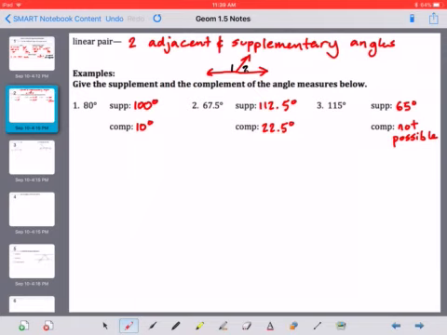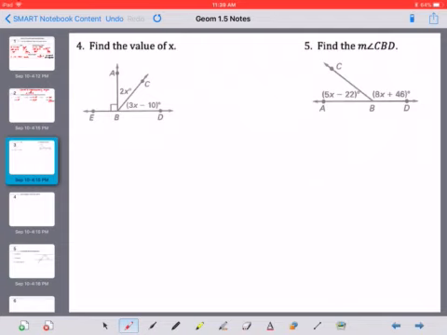Okay, so now we're going to do a little practice with our algebra skills here. Number 4 says find the value of x. Well, notice that this 2x and the 3x minus 10 form a right angle. So they're complementary. So we can add 2x plus 3x minus 10 and say that has to be 90 degrees.